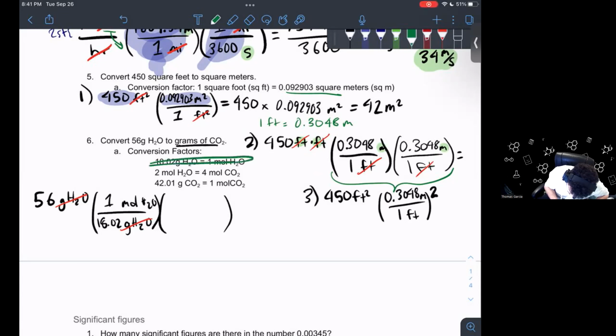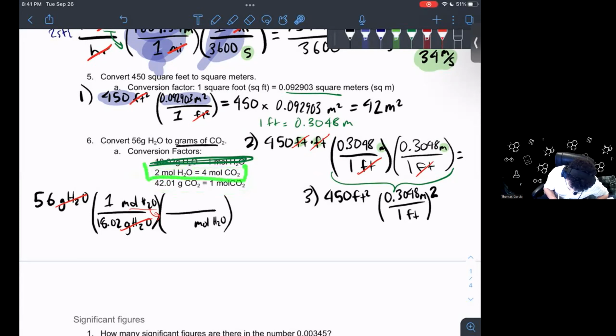If I discount the conversion factor I already used, and we look at our next one, well, I have mole on the top, so I'm going to put mole specifically of H2O on the bottom. I have what's on top. I'm going to drop it like it's hot down to the bottom. So I'm going to look at my conversion factors, find the one that has mole of H2O. There it is, right here in the second line.